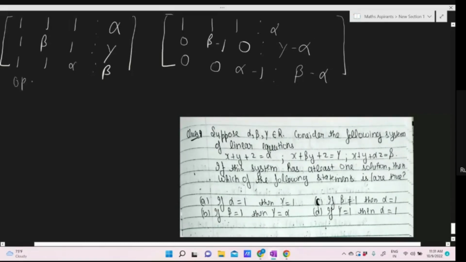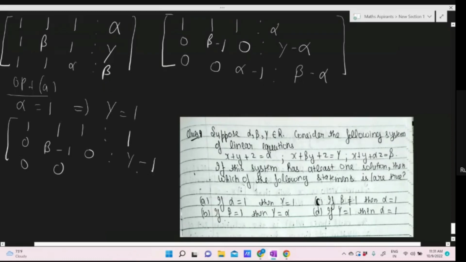Now let us consider option number A. Option A says that if alpha is equal to 1, then this implies gamma is equal to 1. If you put alpha is equal to 1 there, we will get the system 1, 1, 1, 0, beta minus 1, 0, and gamma minus 1, 0, 0, 1 minus 1.